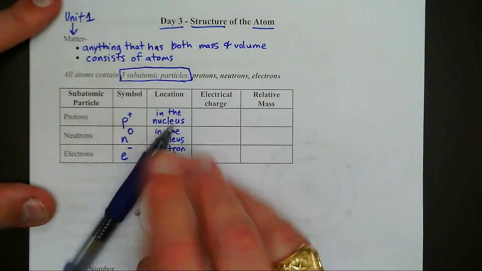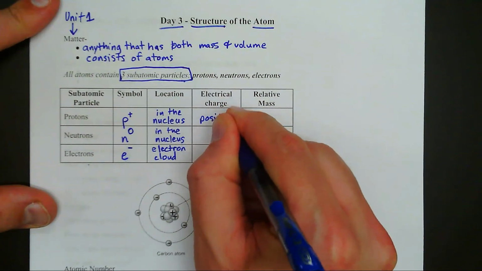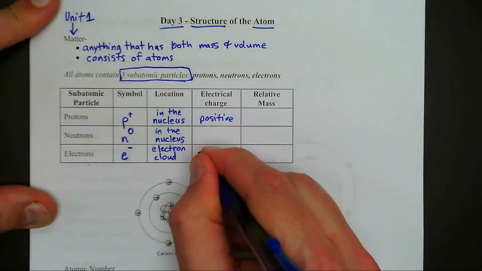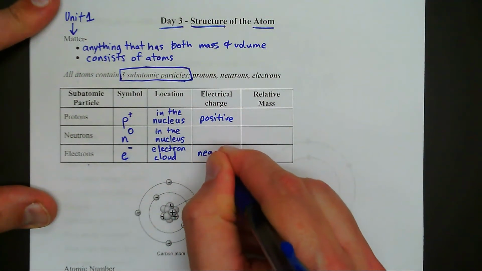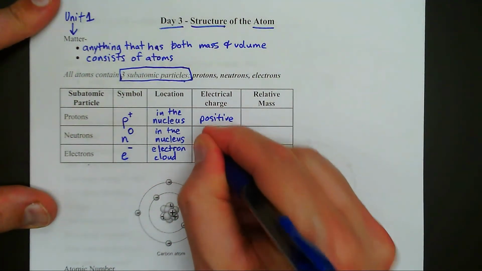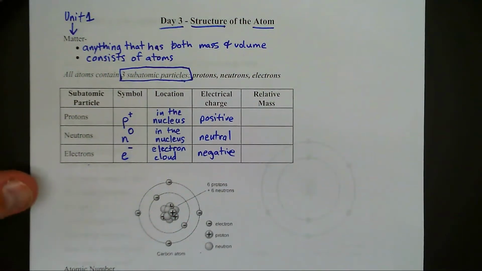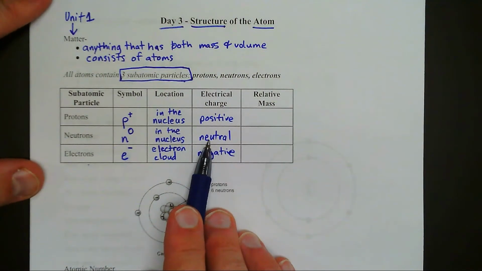All right. The electrical charge, we know that protons are positive. Electrons are negative. Okay, leaving neutrons in the middle to be neutral. I will tell you, it's very surprising how many kids miss this on the tests and quizzes that we take.